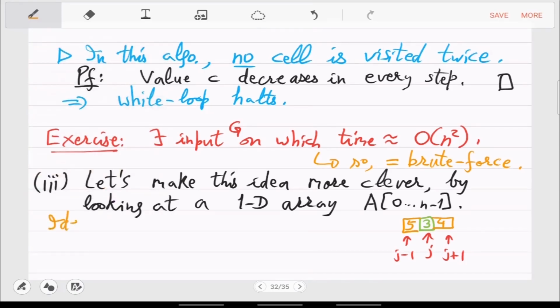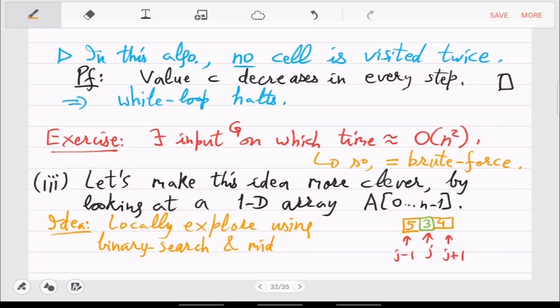So the idea here is to locally explore using binary search, and the middle values. So mid equals left plus right by 2. We will be applying binary search based on the entry at the midpoint of the array.